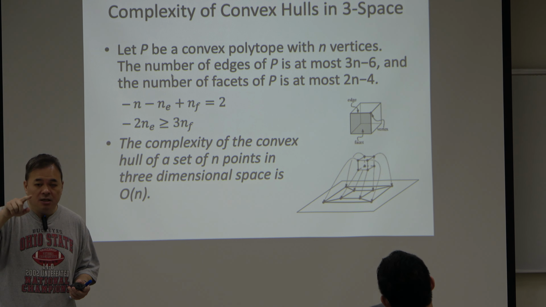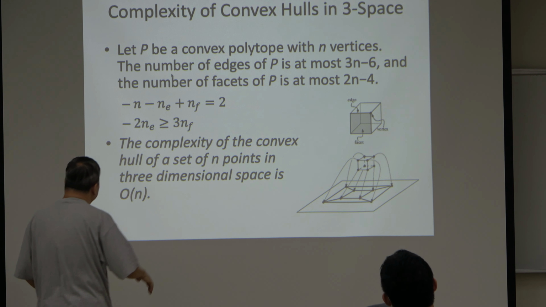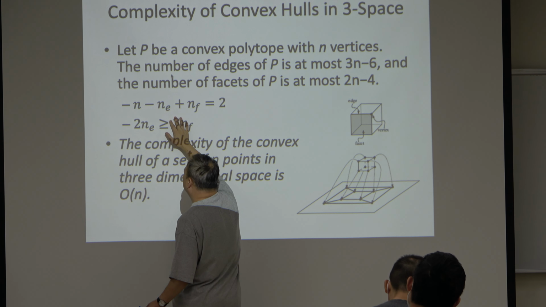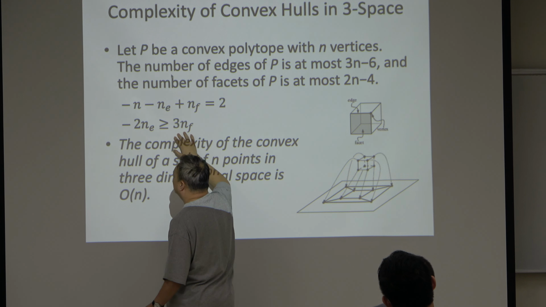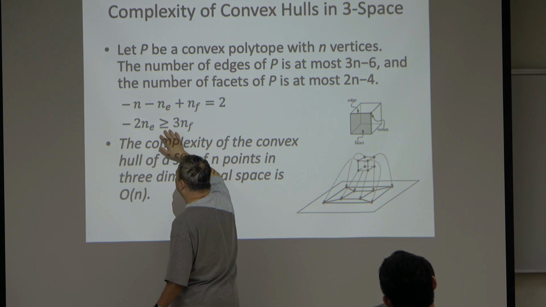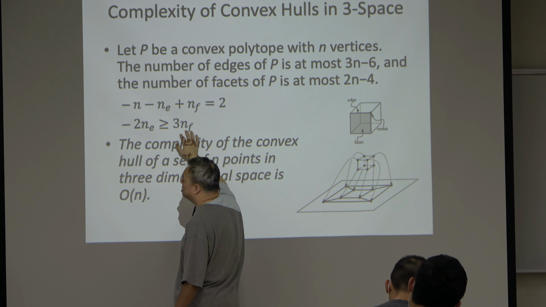So 3 times the number of faces is an underestimate of the total degree. So 2 times NE is greater than or equal to 3 times NF.